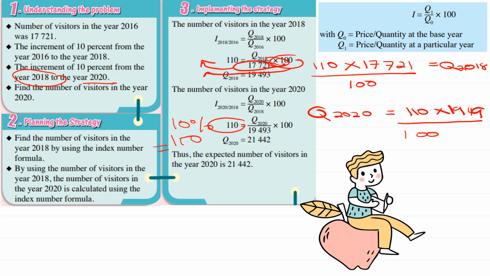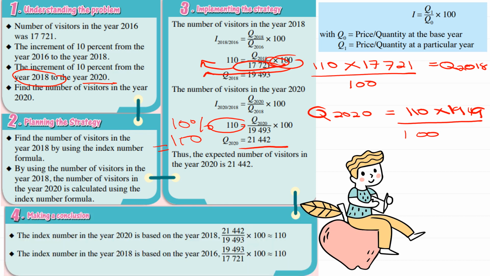You will get the quantity of visitors for 2020 is 21,442. So this is the expected number of visitors.